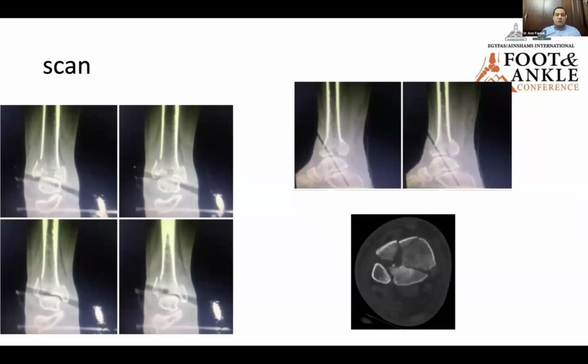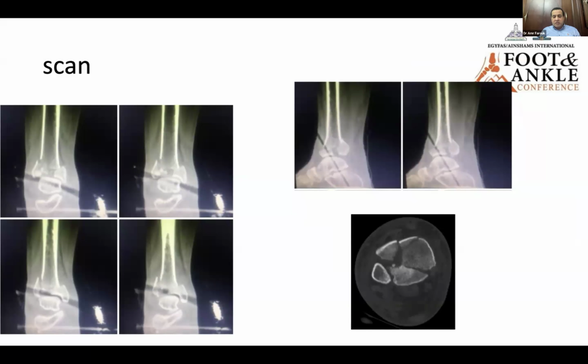So that's what was done for the patient, repeating the CT once more after doing the external fixator. The axial cuts here are very clear, and they are talking about a very recent concept in dealing with Pilon fractures, which is the column theory. I see the fracture fragments and I put them in columns.